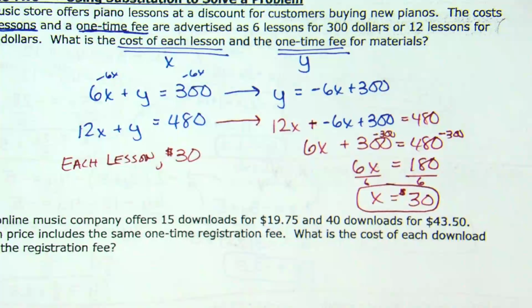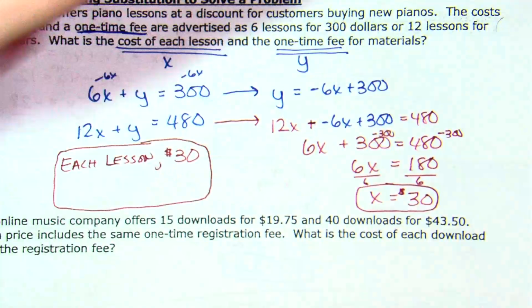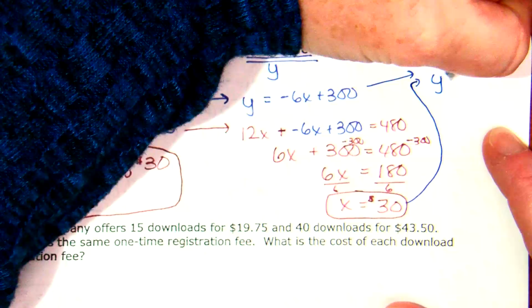What else do I need to find? We need to find y. How would you like to find y? Yeah. Plug that 30 back into one of your equations. So I'm going to say y equals negative 6 times 30 plus 300.